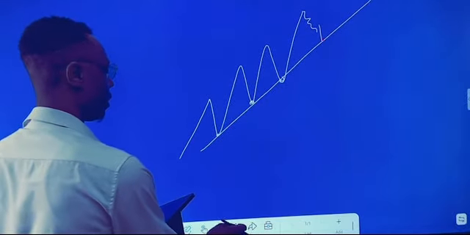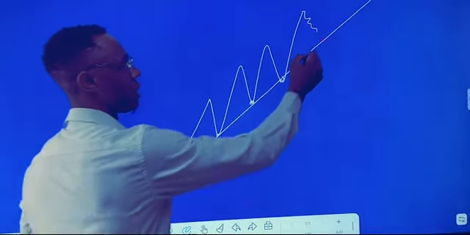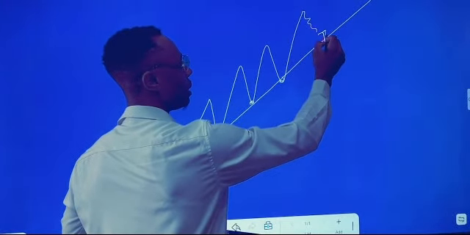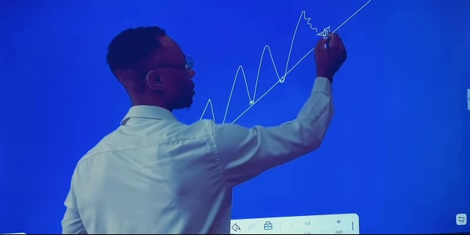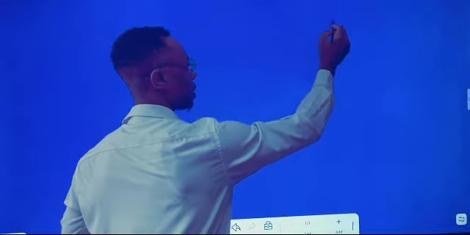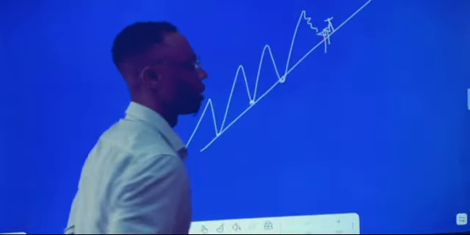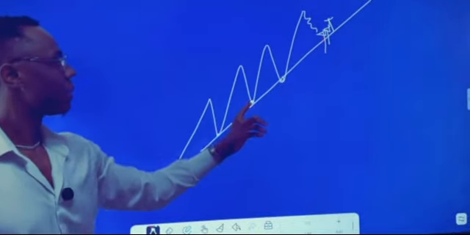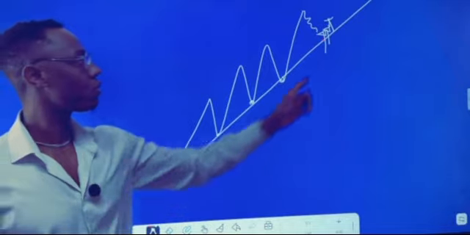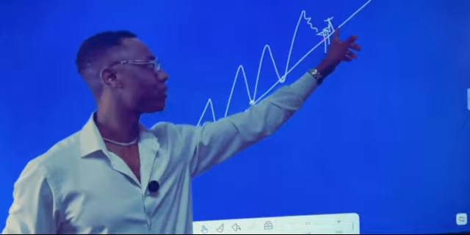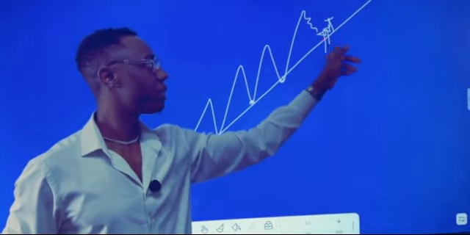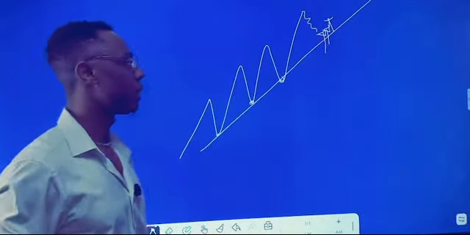Someone says dodgy, right? Let's say the price gets to this level and you see rejections, okay, candlestick rejections, all right. You see wicks, long wicks, okay? What this tells you is that the buyers are very much stronger at this level, okay? And they are trying their best to prevent the price from breaking the trend line, okay?